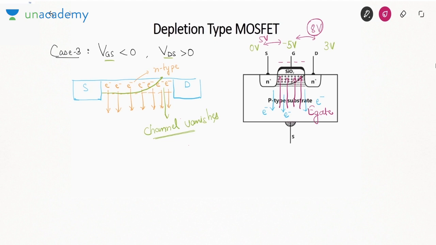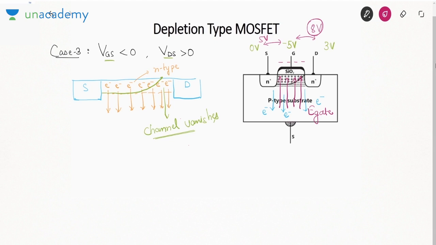So higher electric field will also exist near the drain. Because wherever the voltage is higher, electric field will also be higher. So more electric field exists near the drain terminal. That is why the channel will be first removed from the drain terminal and then from the source. So channel will start to remove from the drain terminal first, before the source terminal.